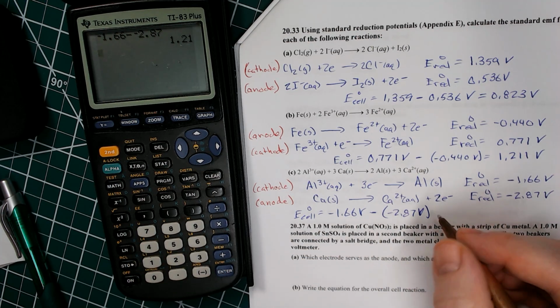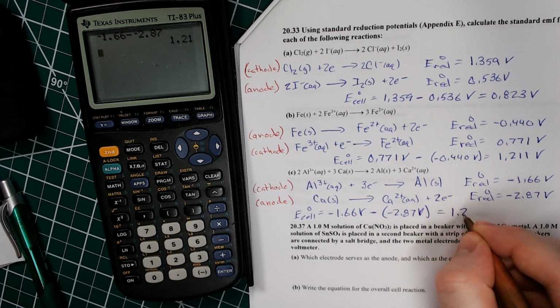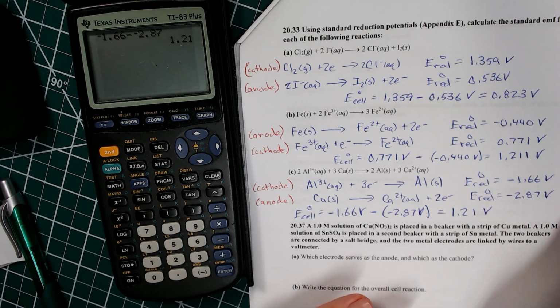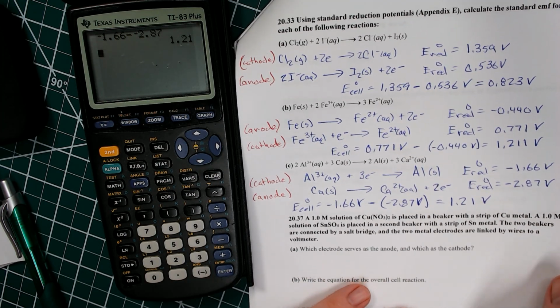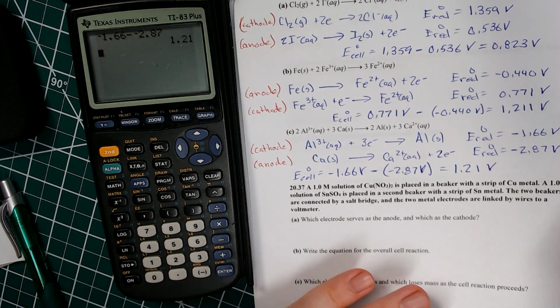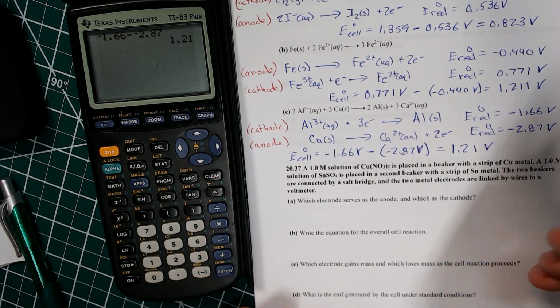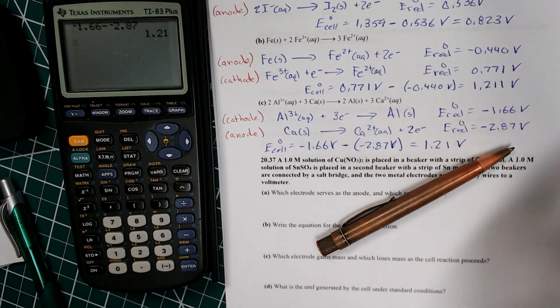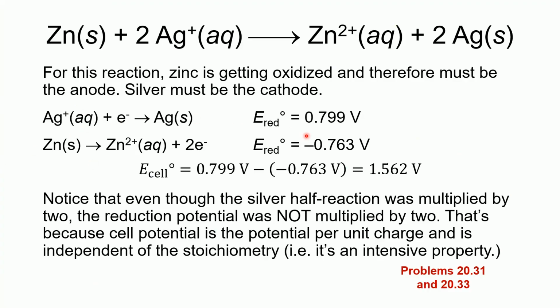And that gives us 1.21 volts. So 1.21 volts. All right, so let's go ahead and go on to the next thing. Normally I wouldn't do the video this long, but you guys can pause it whenever you need to. So we'll go on to the next part.